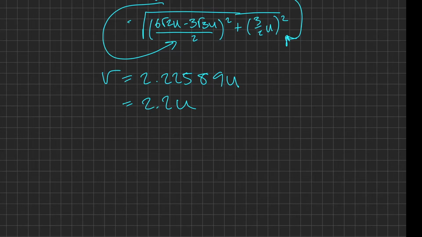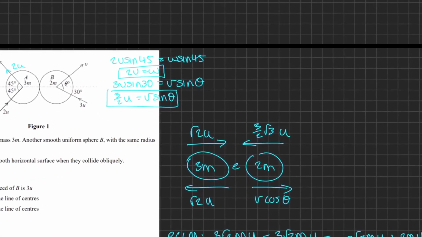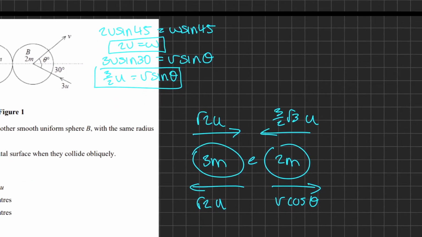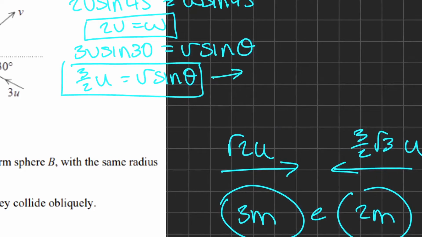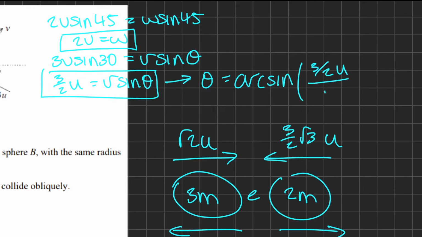Now let's look at part A(ii). It wants us to find the value of theta. Well, that's quite straightforward now because we know the value of v. If we go back up to these equations here, we know v sine theta is 3 over 2 u, and we know v. So we can rearrange for theta to get theta equals the arc sine of 3 over 2 u over v.